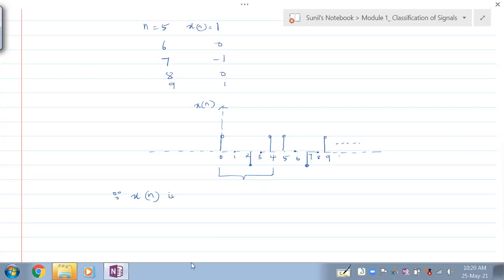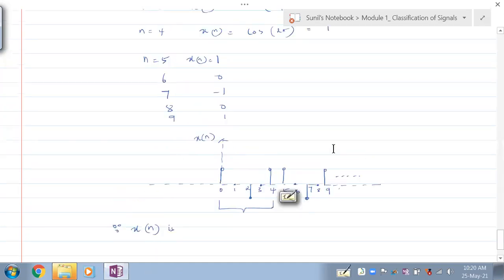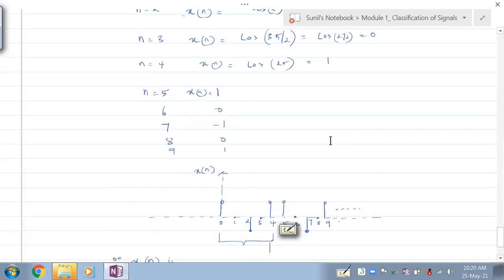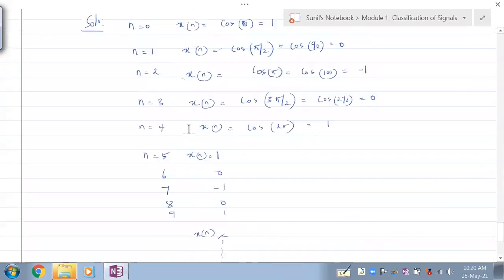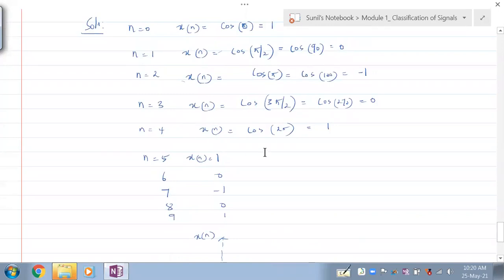Just a sec. I think I made a mistake here. So after this, what is x of 5? X of 5 would be 0. Sorry, I made a mistake here. I misread the problem. So this 1 itself is repetition of this. It's better you calculate and see and then decide.